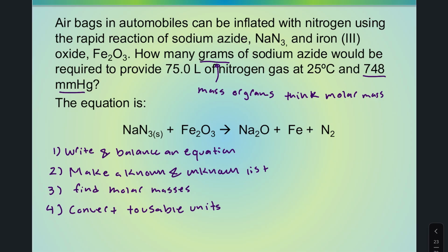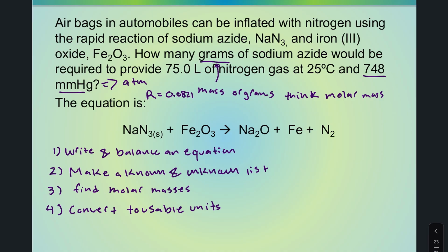We can use the R value that has millimeters of mercury in it, but that can get confusing, and it's not something that we might have memorized, right? You really only need to memorize one, and then the conversions to be able to solve for that later. So, if you have millimeters of mercury, maybe we want to convert that to atmospheres because we know that our R value for that is going to be 0.0821.